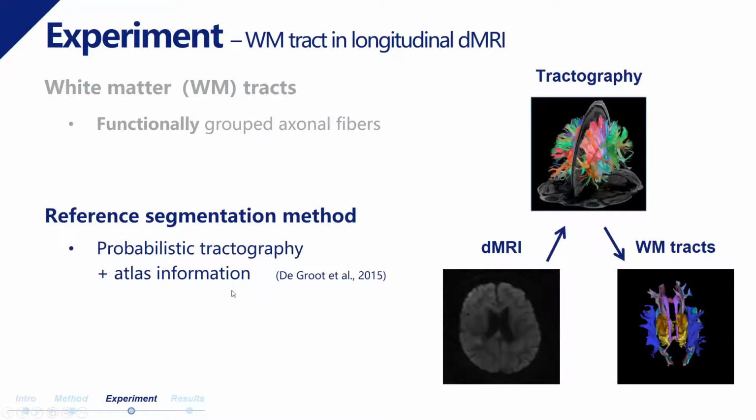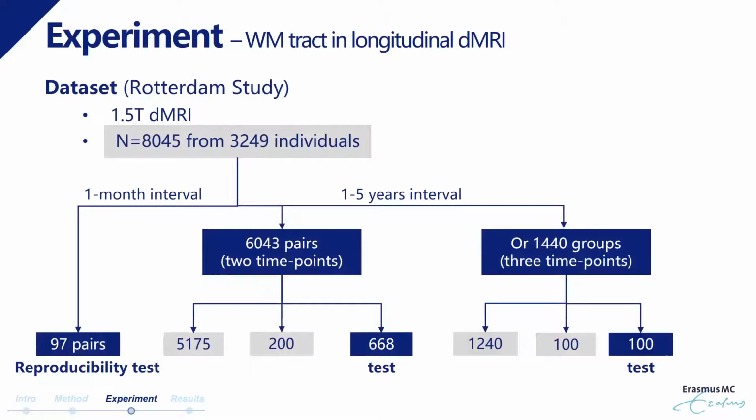In the present study, for model training and evaluation, we generated segmentation labels of white matter tracts using a widely applied classical method, which consists of probabilistic tractography and atlas information. The longitudinal diffusion MRI images used in this work are from the Rotterdam study dataset.